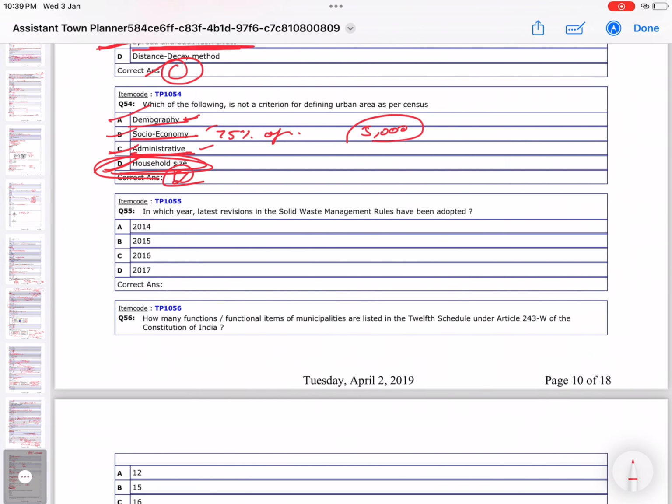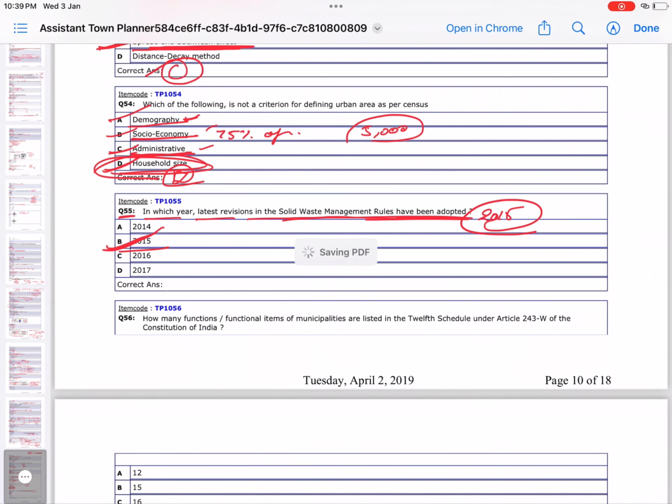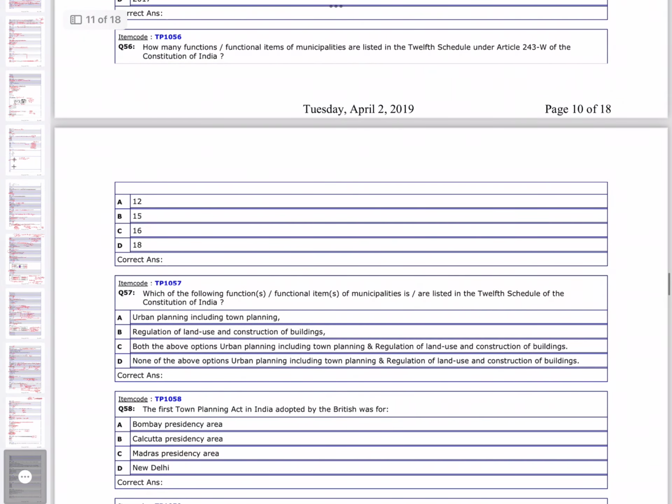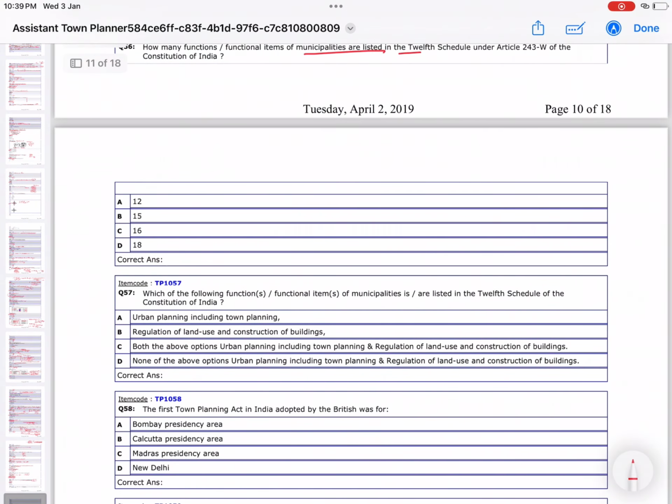Question number 55. In which year was the latest revision in solid waste management rules adopted? So the latest one is 2015. Question number 56. How many functional items of municipalities are listed in the 12th Schedule under Article 243W of the Constitution of India?